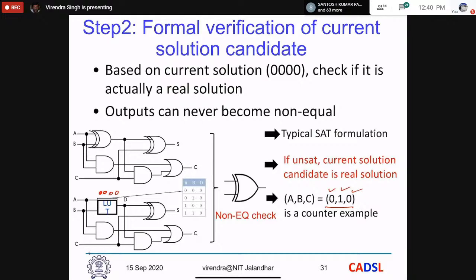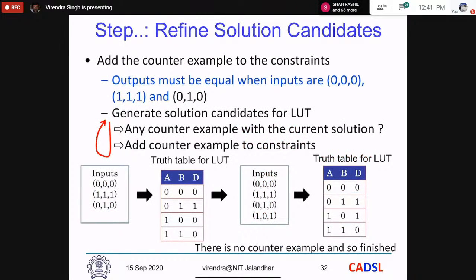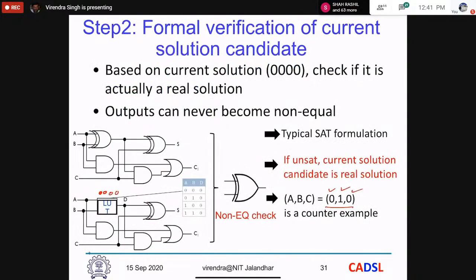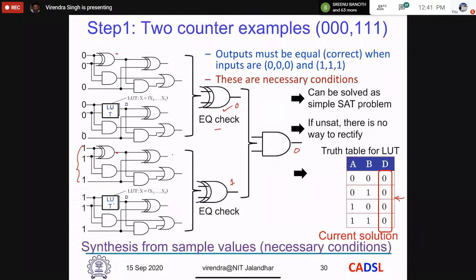Now what I do, again I go back and say add this third instance. Keep in mind that the first two instances should still remain satisfied.